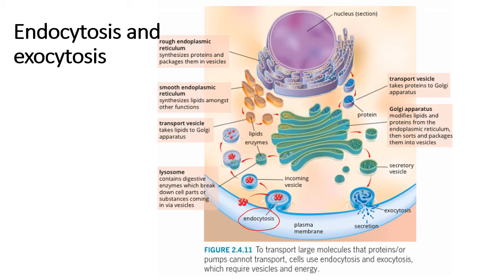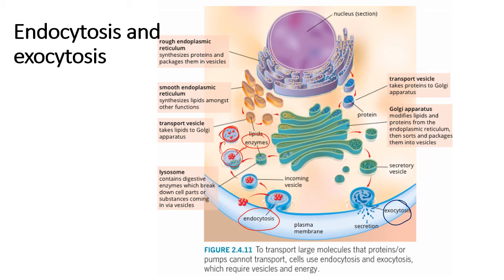So here we can see the enzymes, and they combine with the vesicle, and it's digested to break apart the lipids. The lipids are then transported to the Golgi apparatus, where they might be used and transported somewhere else in the cell. On the other side, we can see exocytosis.